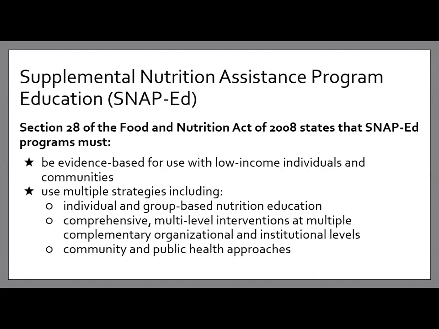This is a longer way of saying policy, systems, and environmental change interventions, as well as social marketing interventions, or interventions that use a combination of more than one of these approaches.